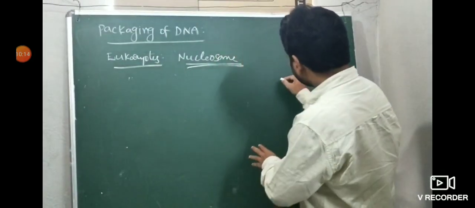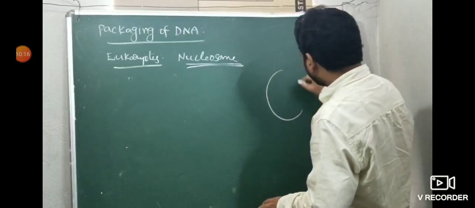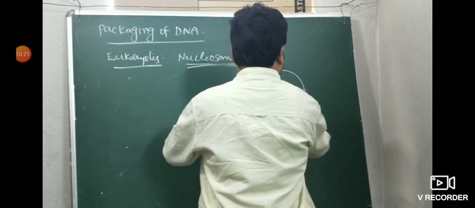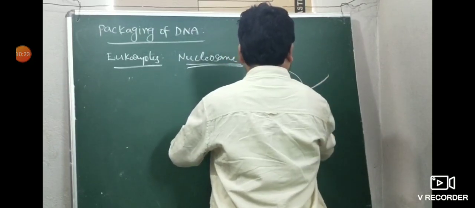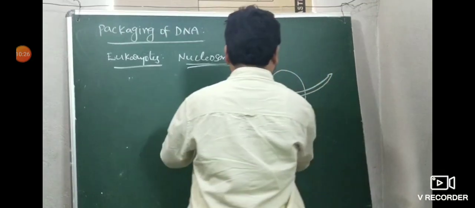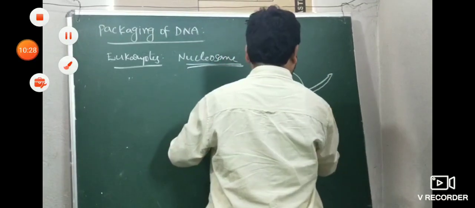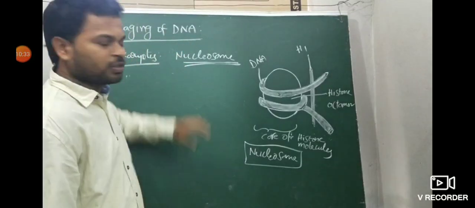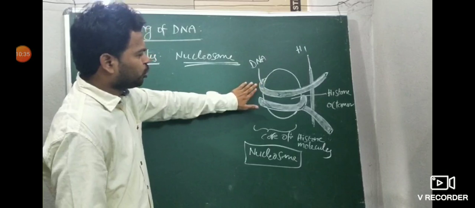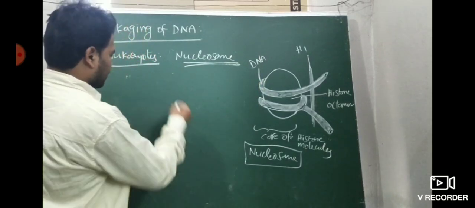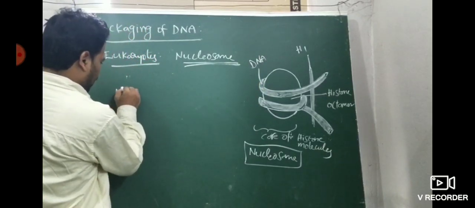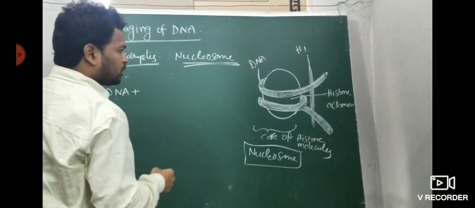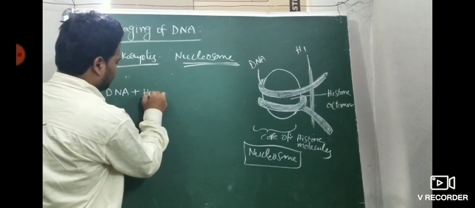You see the diagram. This is a nucleosome diagram. So what does nucleosome mean? Negatively charged DNA held with a positively charged histone octamer.